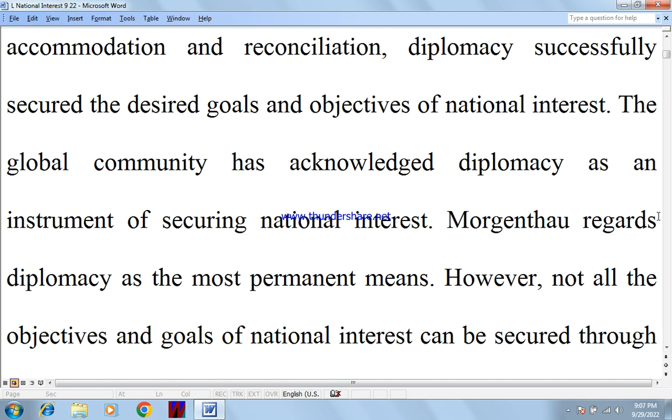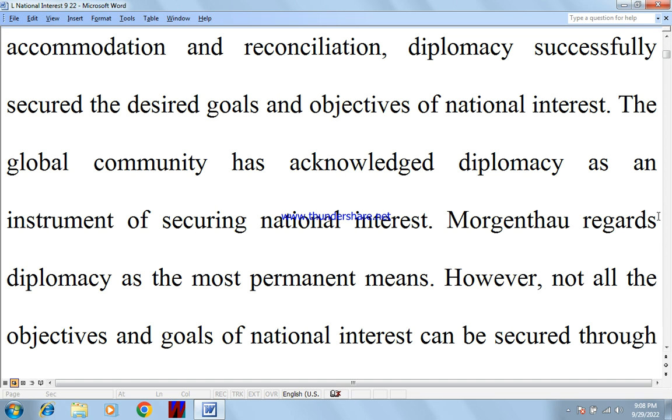Diplomacy successfully secured the desired goals and objectives of national interest. The global community has acknowledged diplomacy as an instrument of securing national interest.